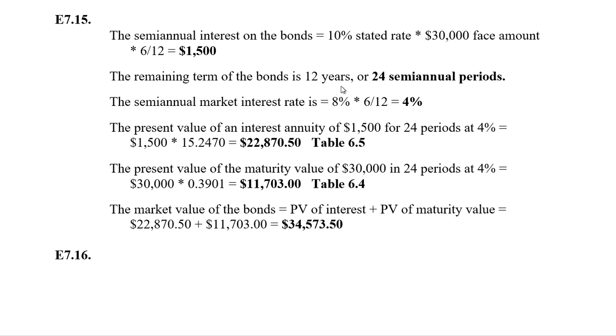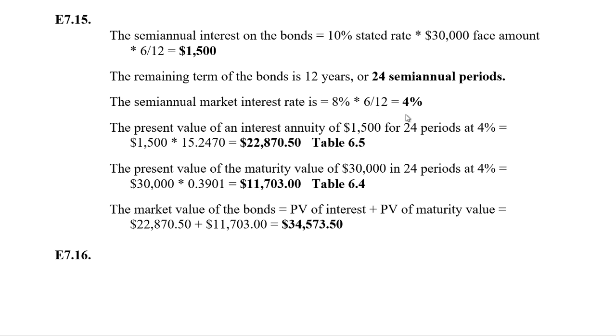And that's why we divide the annual interest rate by 6/12, or 1/2, because we need to look up in the tables based on 24 periods and the interest rate for the period.